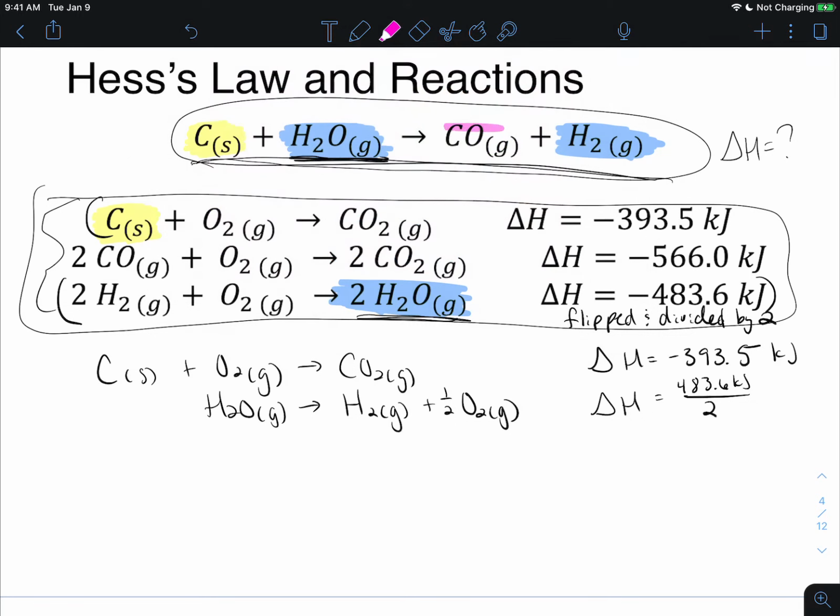The only thing we need left is our carbon monoxide. Carbon monoxide is only in this equation right here. In the desired equation, it's a product and there's 1 mole. In this equation, there's 2 moles and it's a reactant, so we're going to need to do the same thing: flip and divide by 2.